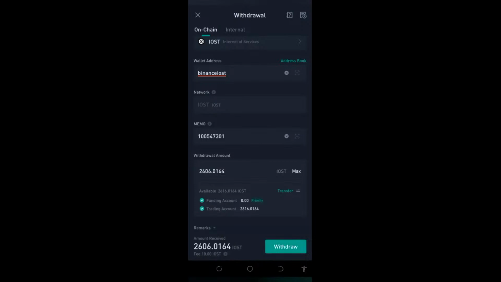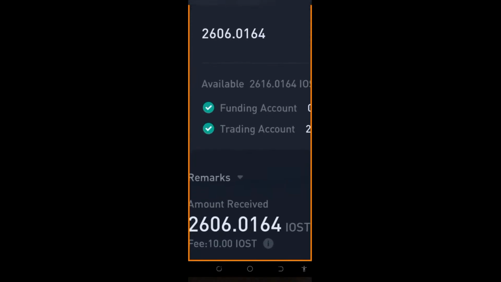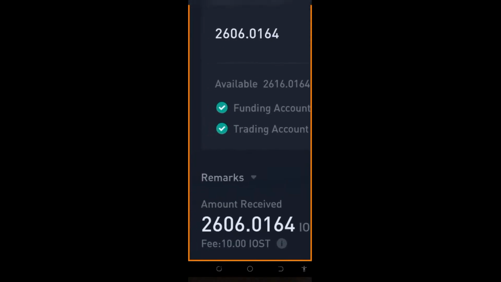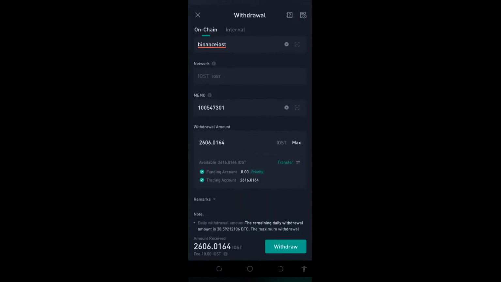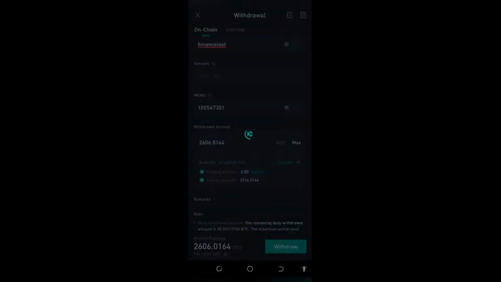Then we pick max. So what we get is 2606. Remember that there's going to be a withdrawal fee of about 7 cents. It says that the fee is 10 IOST, which is equivalent to about 7 cents. So we're going to go over and get this done. Let's withdraw. Okay. Withdraw.